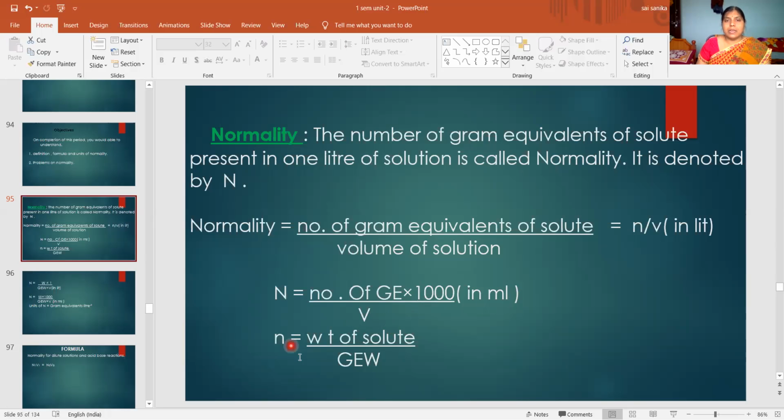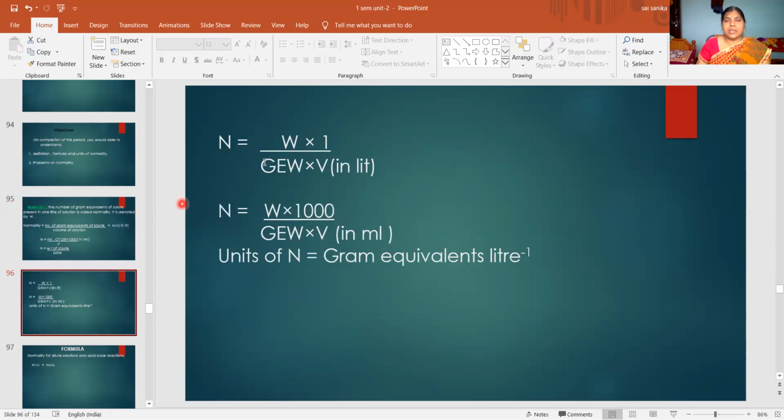Number of gram equivalents is weight of solute W by GW. If you substitute that, N is equal to W by GW into 1 by V in liters. Then N is equal to W by GW into 1000 by V when volume is in ml. The units for N are gram equivalents per liter. Okay, this is about normality.